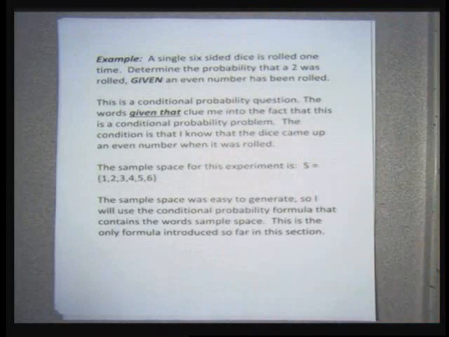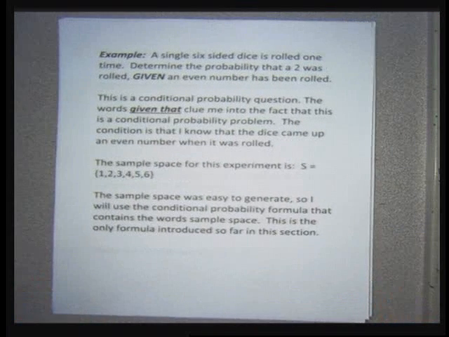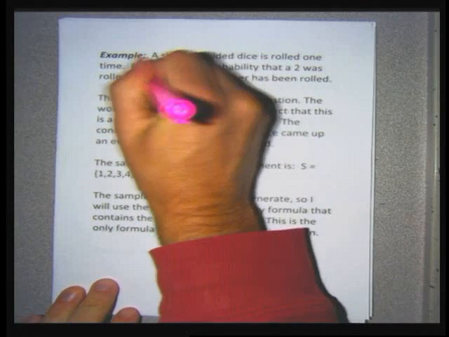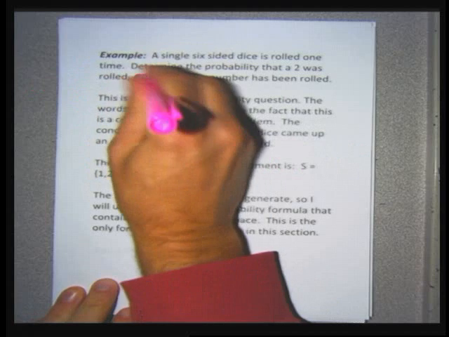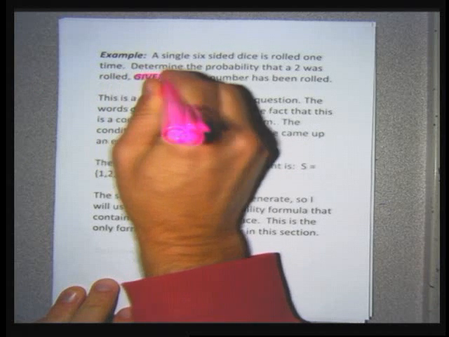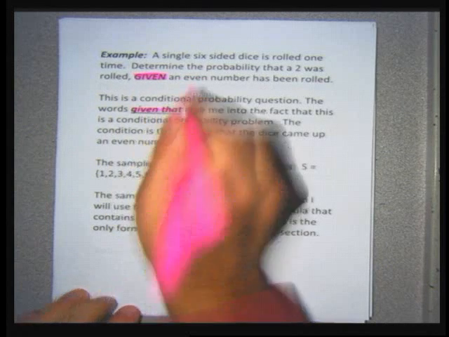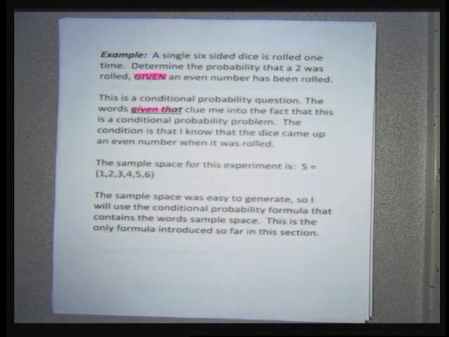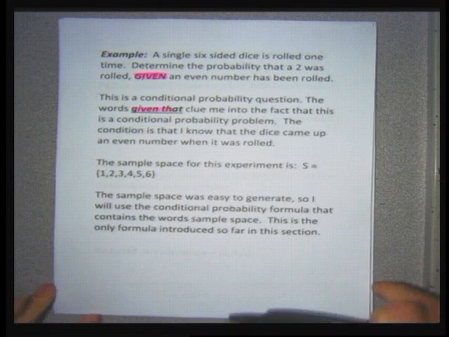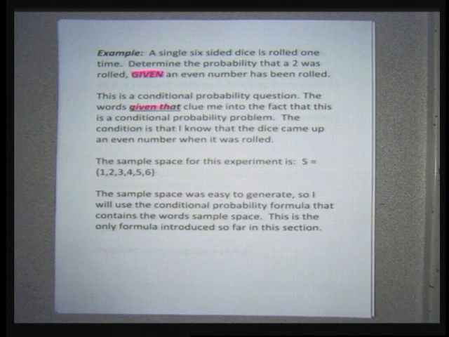So here's our first example of a conditional probability problem. Generally, if I'm writing a problem that I could call a conditional probability problem, somewhere in the problem I'm probably going to use the word given. There are other words that I could use, but given is probably the most common word that will clue you into the fact that this is a special kind of problem that's kind of disjoint from the rest of the chapter.